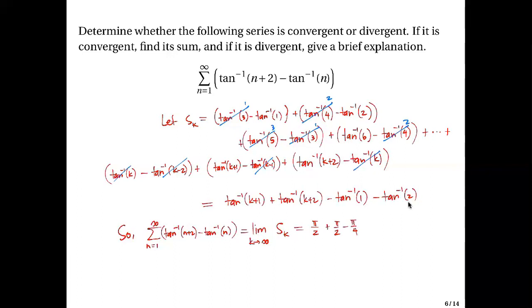And then this guy here, not so special, so let's just write it as tangent inverse of 2. And therefore, we will have 3 pi over 4 minus tangent inverse of 2. So this is the sum of this series here.